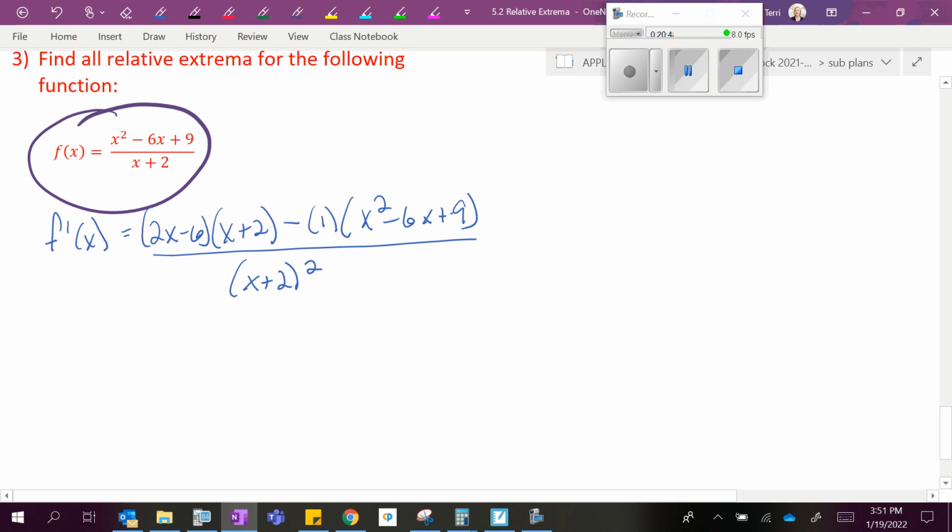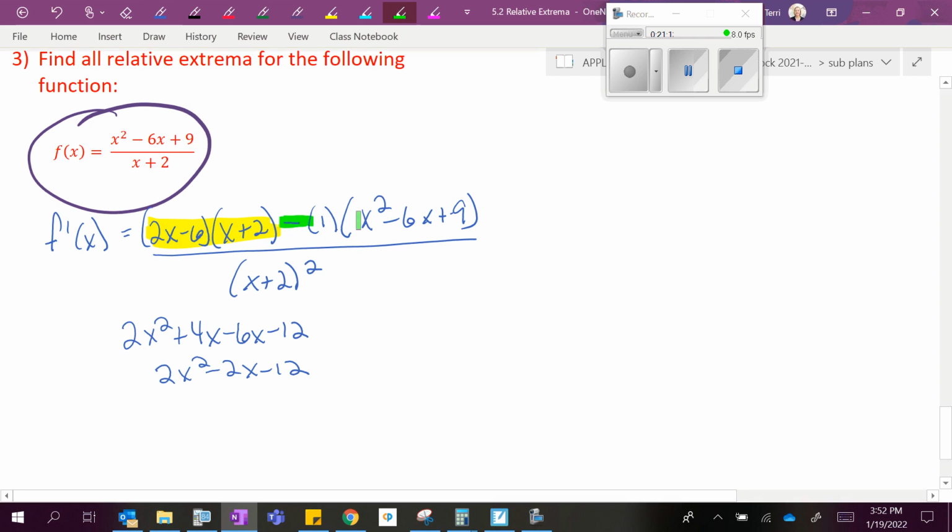So to simplify this, we're going to FOIL these two first. And we get 2x squared plus 4x minus 6x minus 12. So I get 2x squared minus 2x minus 12.